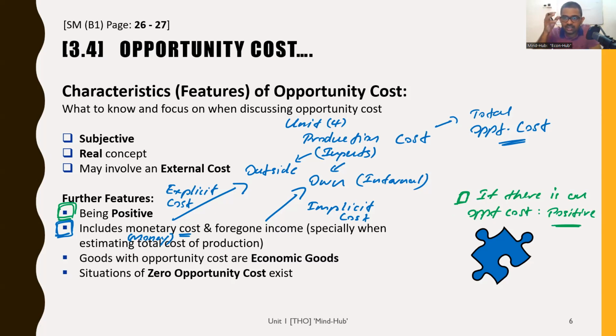When I want to say something has an opportunity cost, I say opportunity cost is positive. The use of that English word is in that way. So when someone says opportunity cost is positive, what are they saying? There is an opportunity cost.